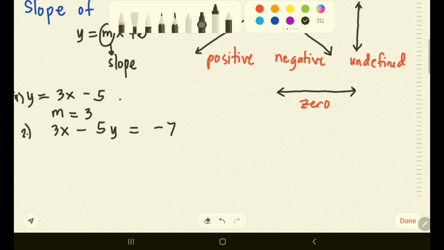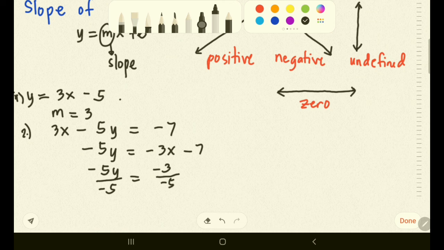Transpose 3x, so that becomes negative 5y equals negative 3x minus 7. Then divide each term by negative 5, so minus 7 over negative 5.